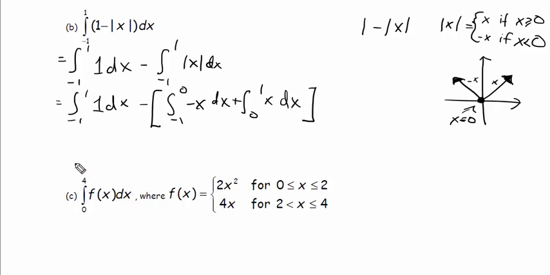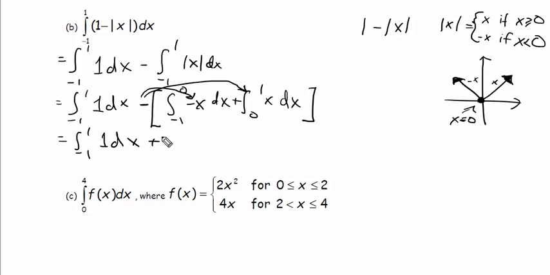Now I have to remember to distribute this negative right here. So if I distribute this negative and then this negative, I have integral from -1 to 1 of 1 dx, and this ends up being a plus.